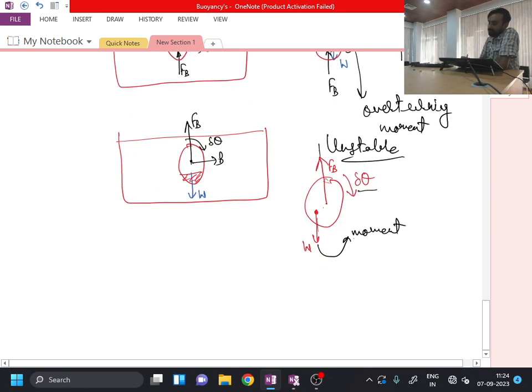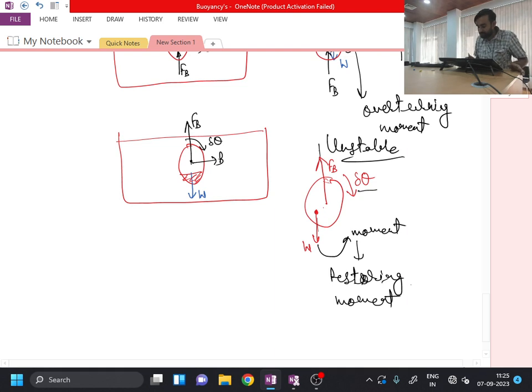This type of moment, which originates in a direction opposite to the displacement of the body, is called the restoring moment.